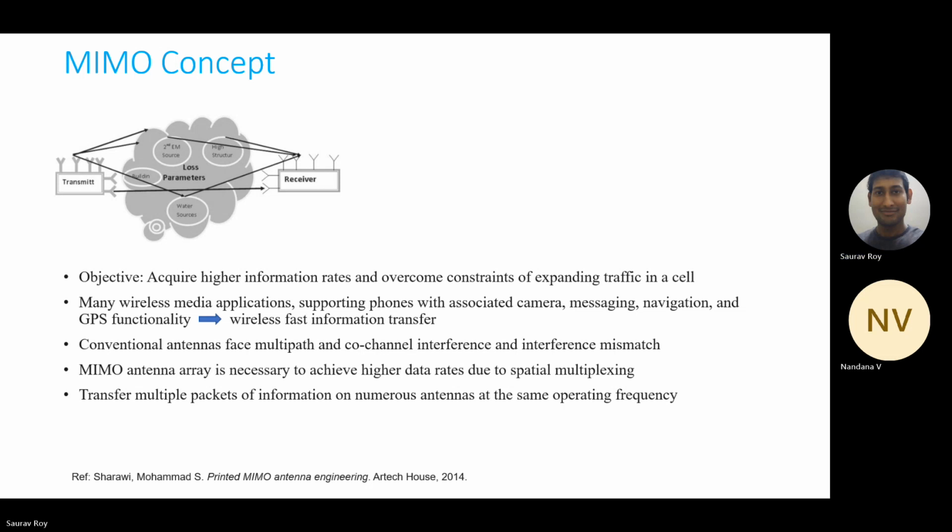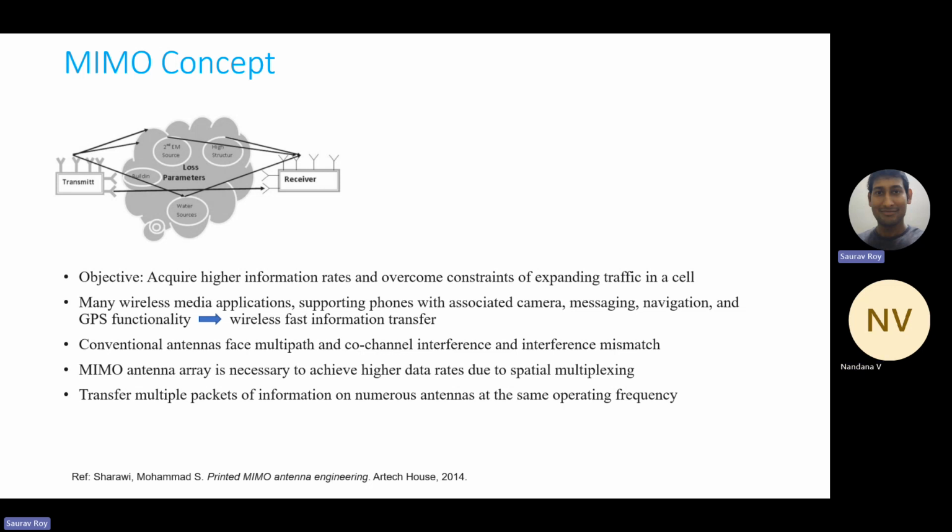Conventional antennas face multipath, co-channel interference and mismatch. If you have only a single antenna, it will have many problems like this. It will go through many reflections and transmissions through multiple obstructions in the path, right?